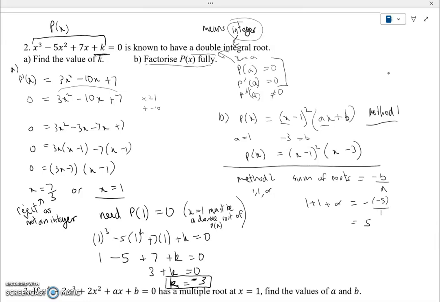Which means alpha is equal to 3, so therefore 3 is a solution, so x minus 3 is a factor. Therefore you would get p of x is equal to some constant, x minus 1 all squared, x minus 3, and because it's monic, a will equal 1. And we get our polynomial.